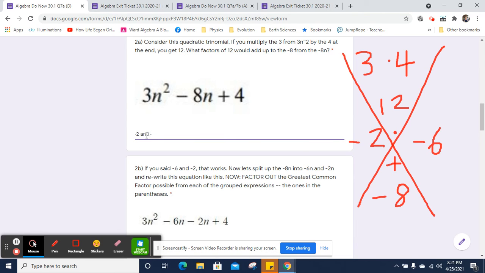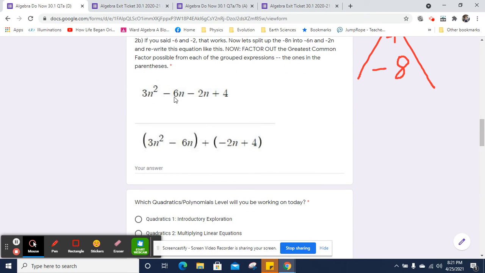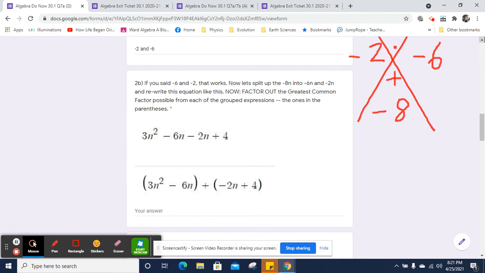So the 2 factors that work are negative 2 and negative 6. Now, the next thing, I took advantage of that, and I took the negative 8n and I split it up into a negative 6n and a negative 2n. This is the same thing as what I had up there. And I'm going to group the pairs here and here. So notice that this minus got kept inside the parentheses, so that became a plus.